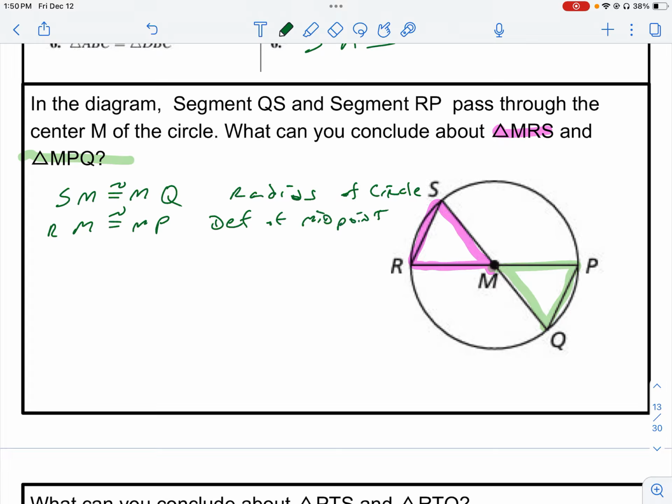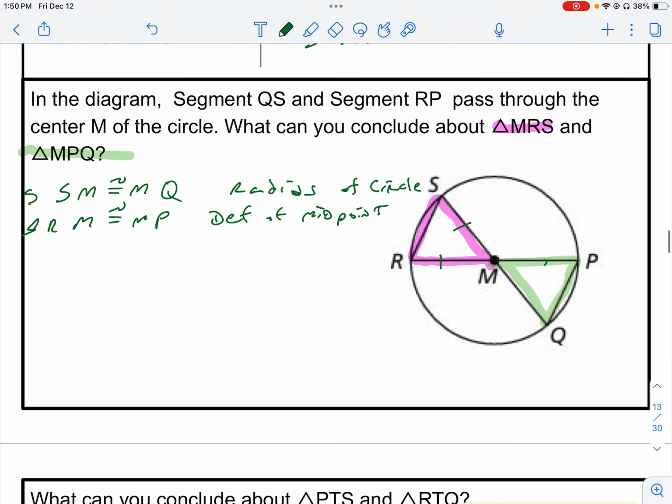So we have two sides congruent. So we need an angle, and the angle we need is this one here in the middle. Angle SMR is congruent to angle QMP.